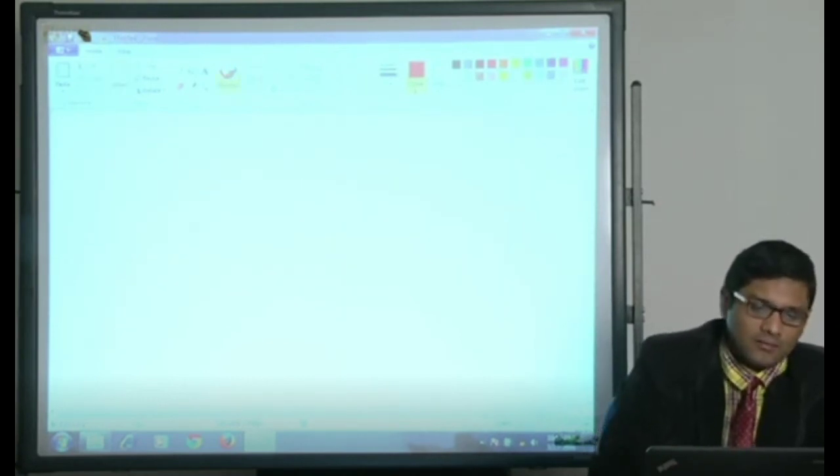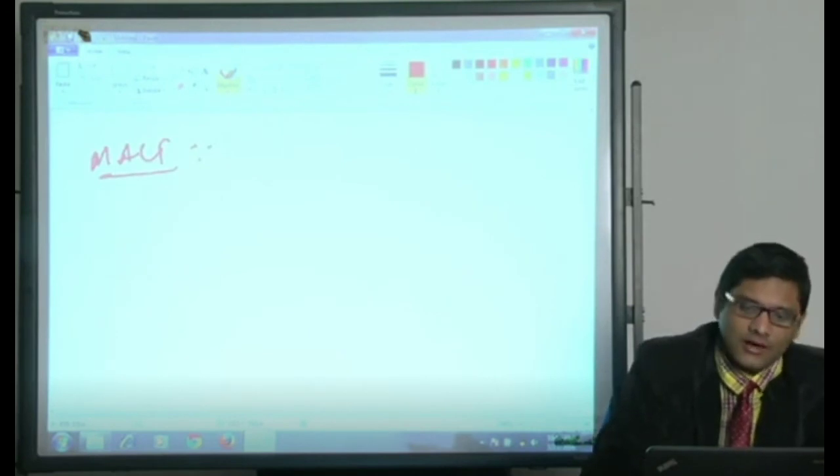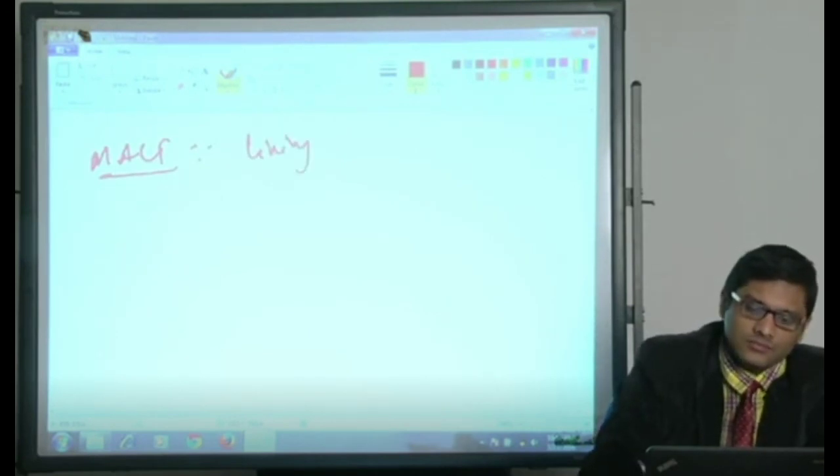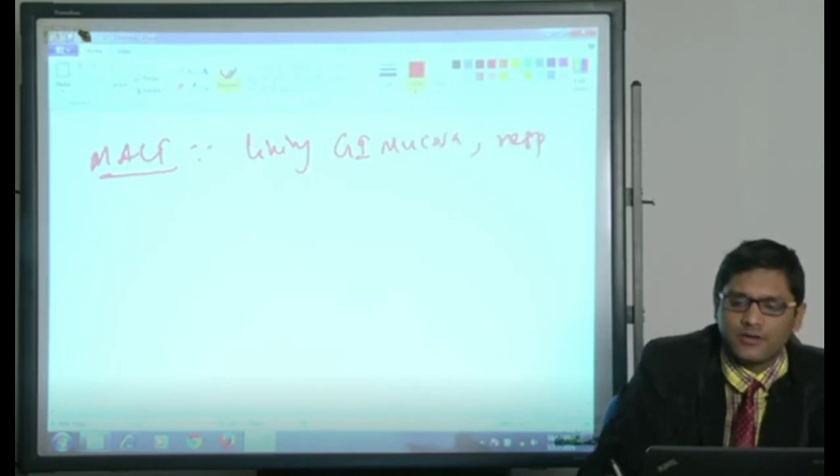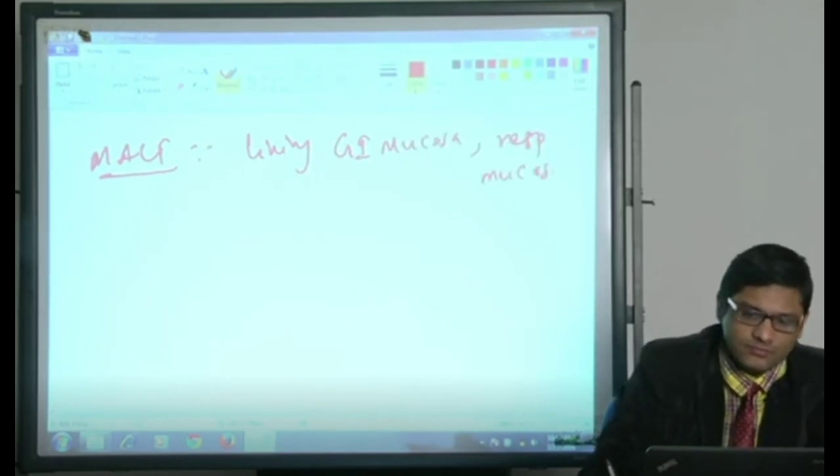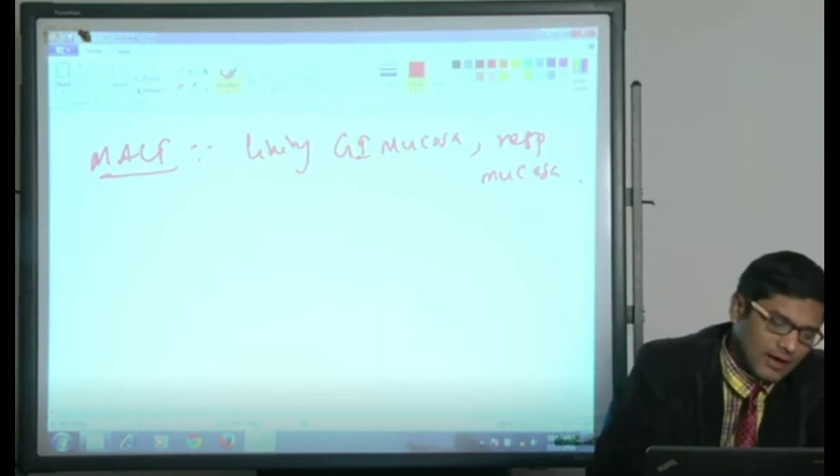Then coming to MALT. MALT is what? Mucosa associated lymphoid tissue. They are lining the GI mucosa, mainly GI mucosa and also the respiratory mucosa. They are either loosely organized or well organized.